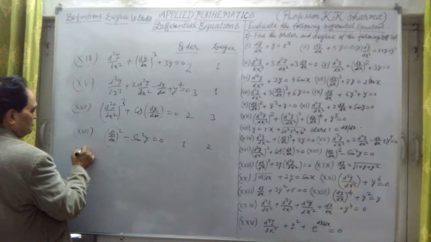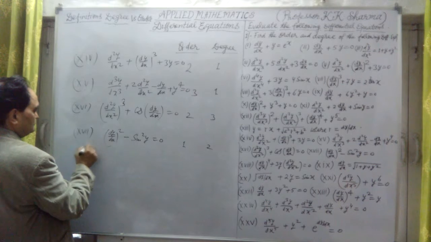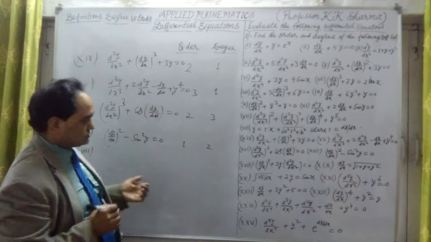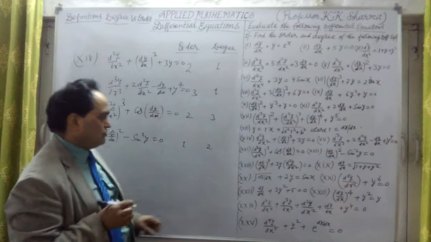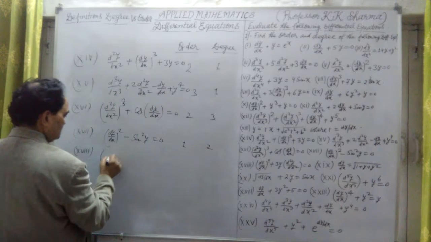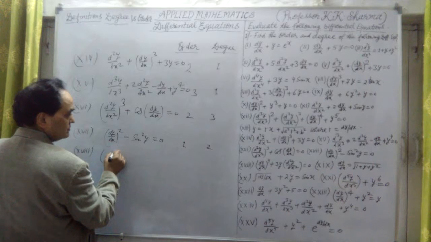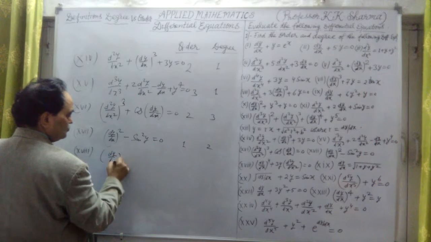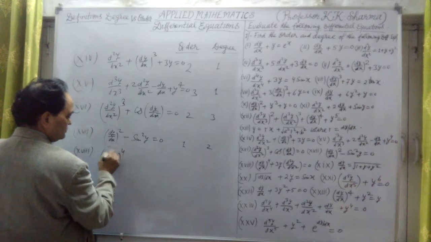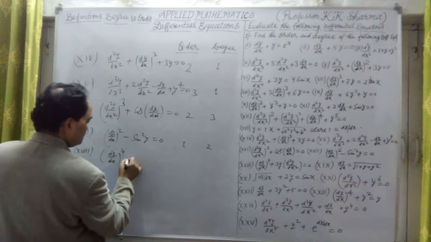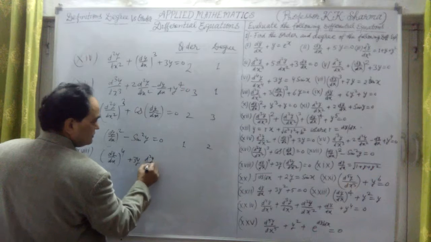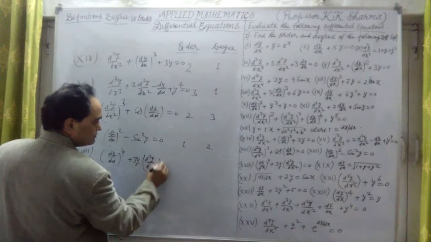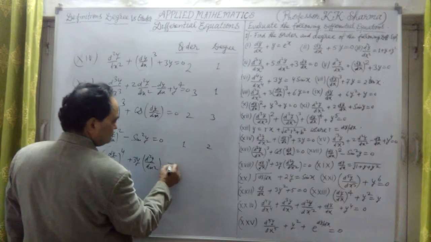Now let me take the 18th question, question number 18. This is (dy/dx) whole 4. Try to understand: (dy/dx)⁴ plus 3 into d²y/dx² equal to 0.